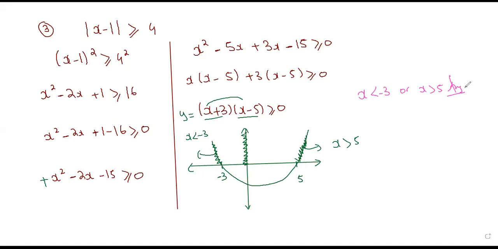All right, and if I talk about one more equation, this is going to be the last question for today. It is basically the fourth question, and it says |5x − 2| = |2x|.